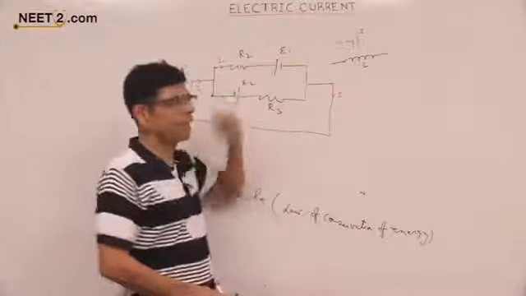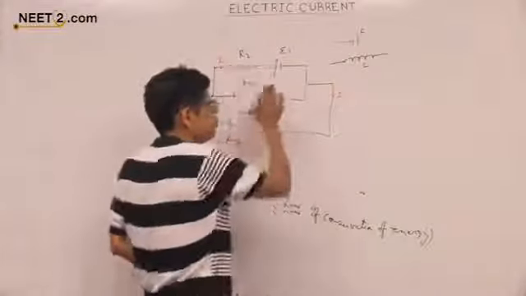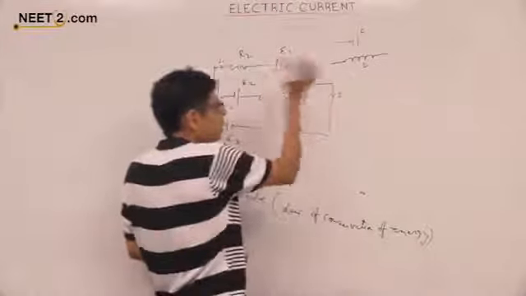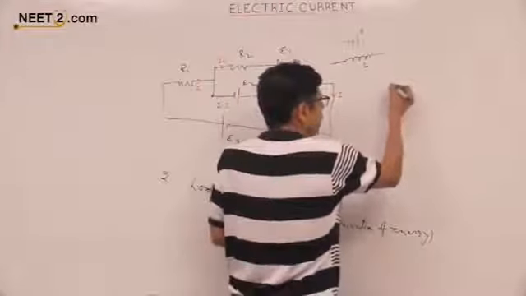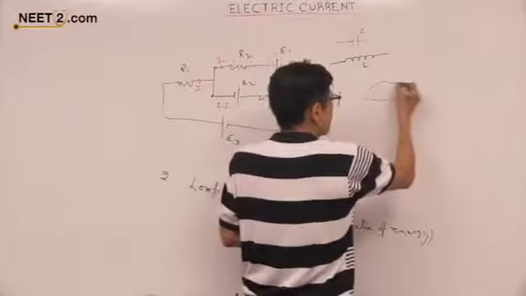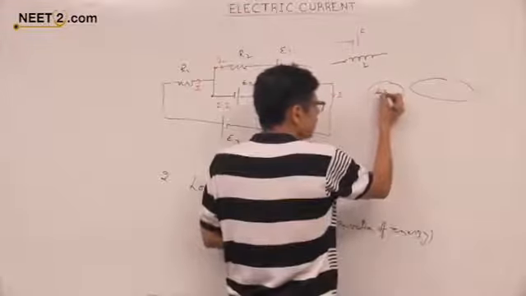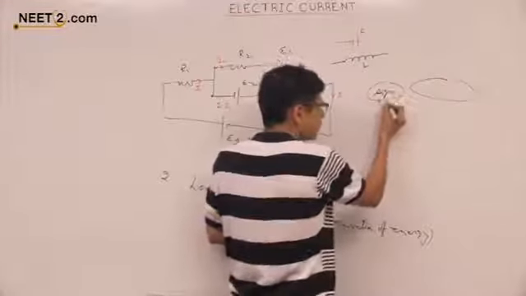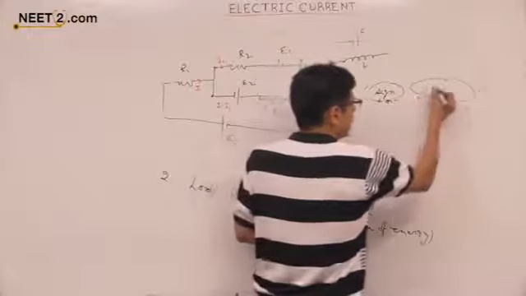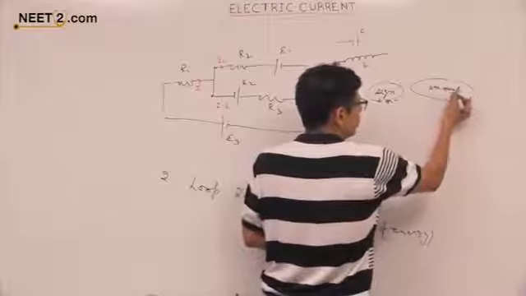Shall I write plus or minus? So for each element, a term has to be written, and the term will have two things: a sign, plus or minus, and an amount, meaning value, magnitude.